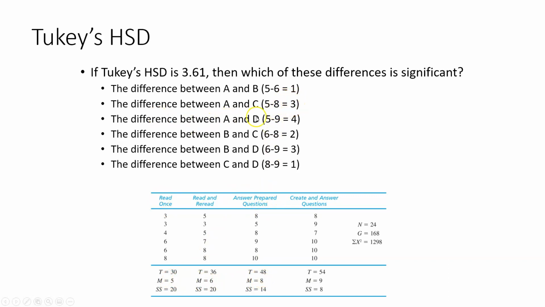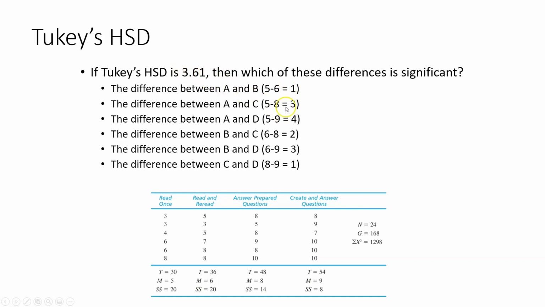The difference between A and D, the first group and the fourth group, or 5 and 9, 5 minus 9, is a difference of 4. And you could compare the rest, B minus C, B minus D, C minus D, and you need to see which of these mean differences is larger than 3.61.